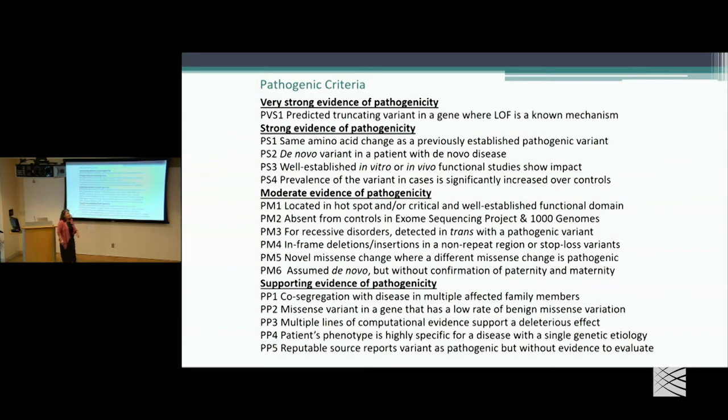And so we then, based on aggregating lots of evidence approaches from many labs, we listed, I forget how many are here, but this many different pieces of evidence or types of evidence that we use day to day for asserting and interpreting pathogenicity. And then we segregated them by level: very strong, moderate, and supporting.